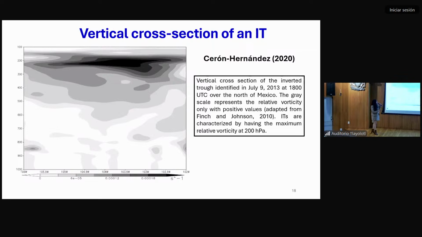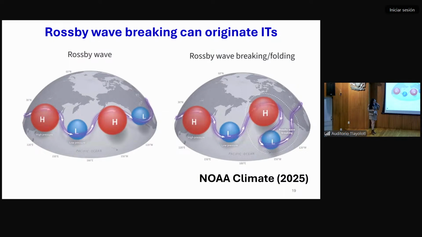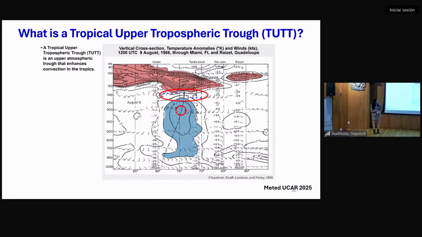The most active level for the inverted troughs is 200 millibars, but you can see some signal down to the mid levels. Rossby wave breaking can originate inverted troughs because, when you have this breaking, you can see that the cyclone is separate from the mean flow.